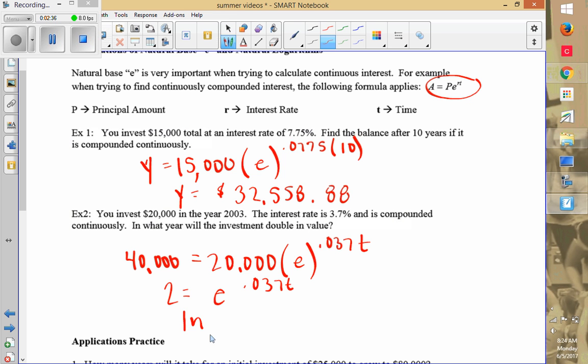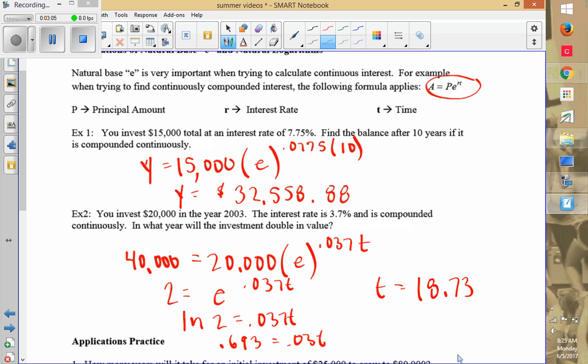So the natural log of 2 equals 0.037t. The natural log of 2 is 0.693. So once I divide by 0.037, I'm going to realize that that's 18.73 years.